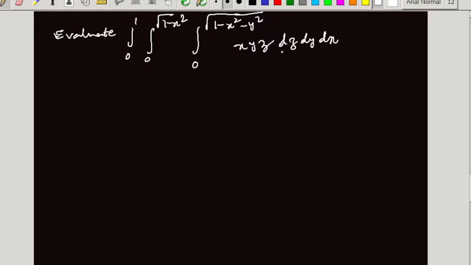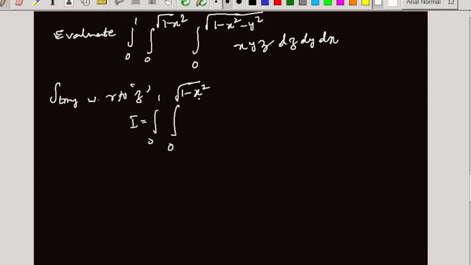So here first we integrate with respect to z. Sorry, here dz is there, we integrate with respect to z. We get square root of 1 minus x square. Here x into y is constant.